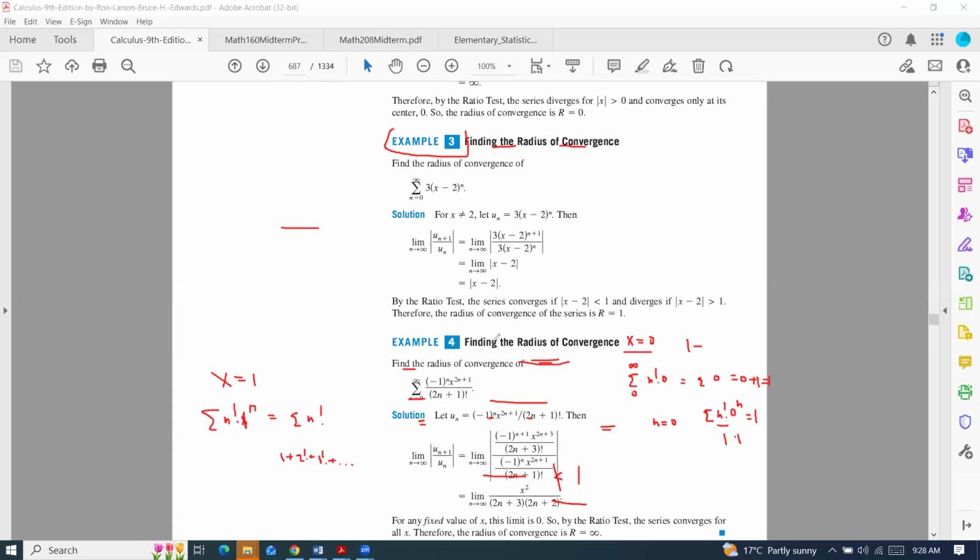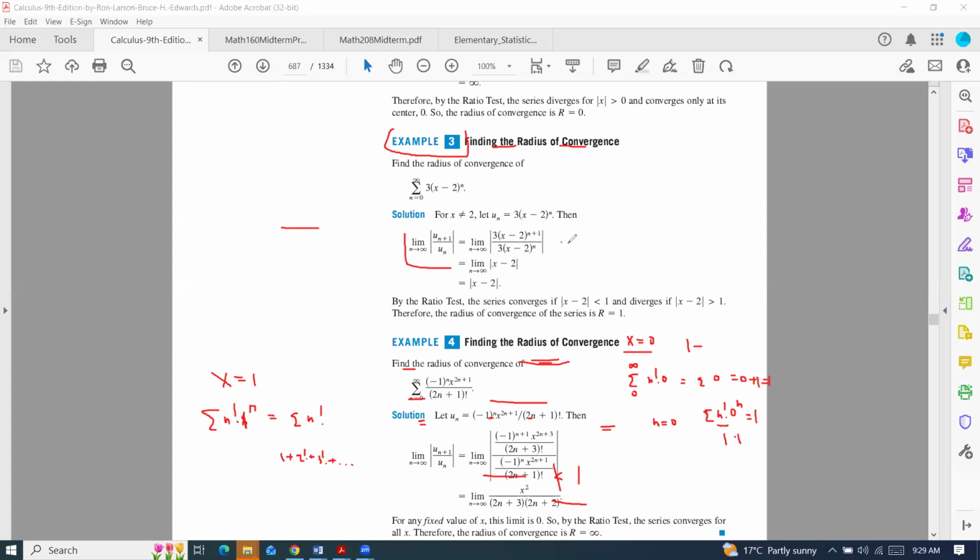So if you take a look at the series in that format, then what you do is look at the favorite tests and see when it is less than 1. So you divide the n plus first term by the nth term, and you put n plus 1 for the n plus first term for the power, and then the previous is just the power of n.